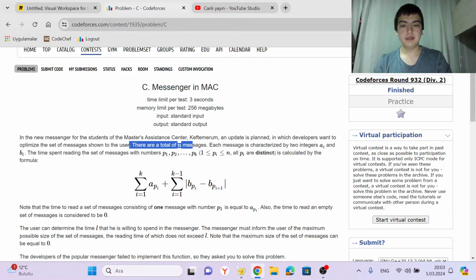There are n messages, and each message has two numbers, A_i and B_i.